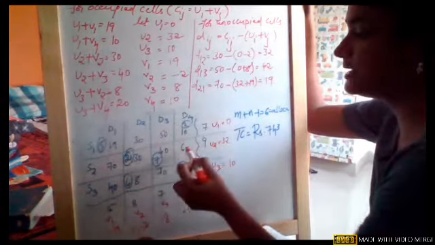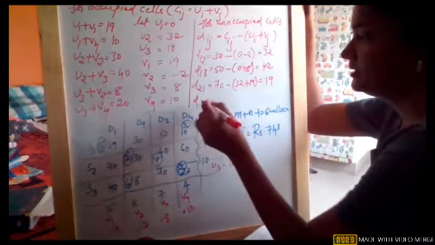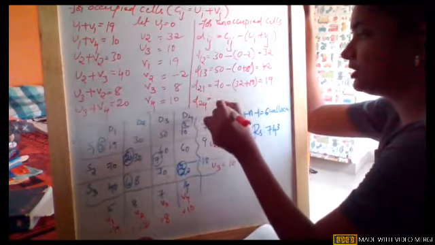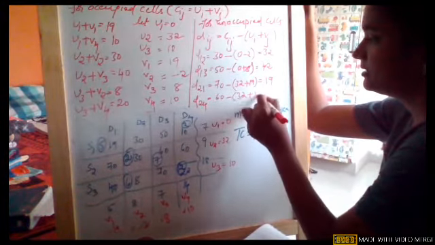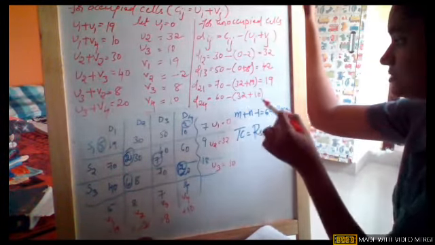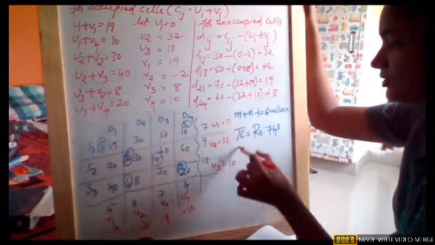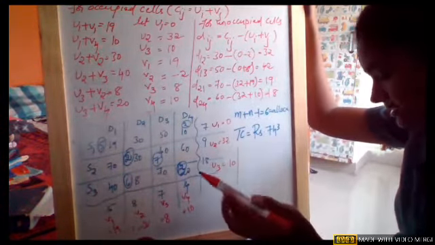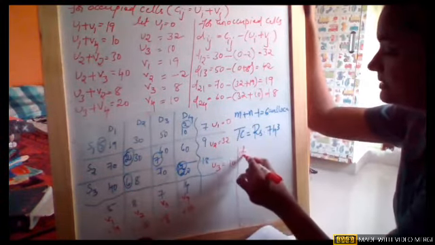The next unoccupied cell is D24, whose cost is 60 minus 32 plus V4, which is 10. So 42, which I think is 18. I'm just continuing here, girls. The next unoccupied cell is D31.